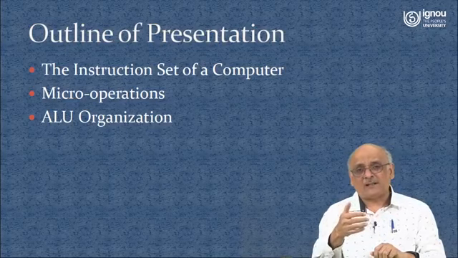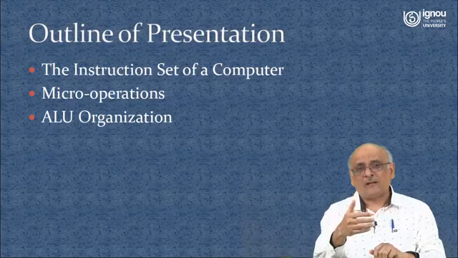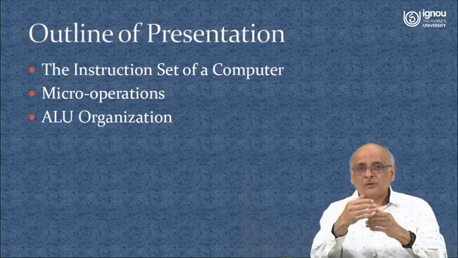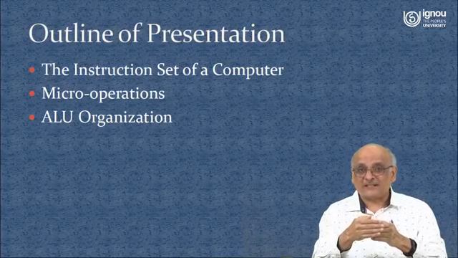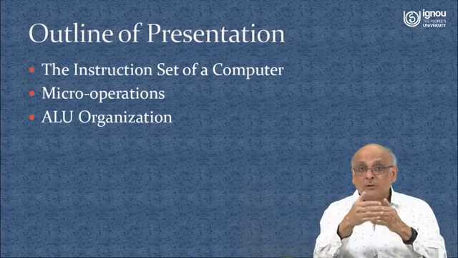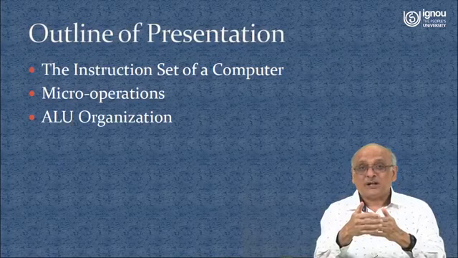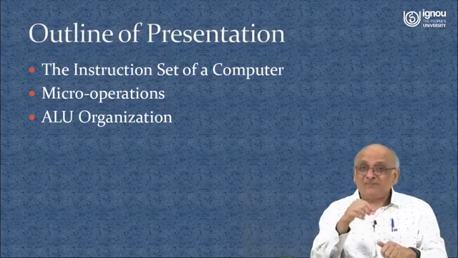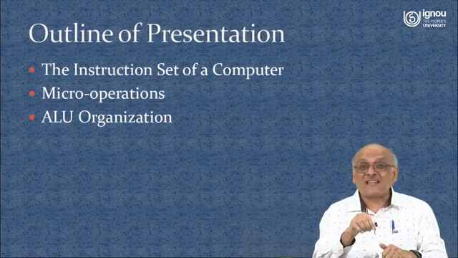Keeping that constraint in mind, a bigger program is converted to smaller machine level instructions. However, to execute a machine instruction, you once again require even smaller level instructions or steps.